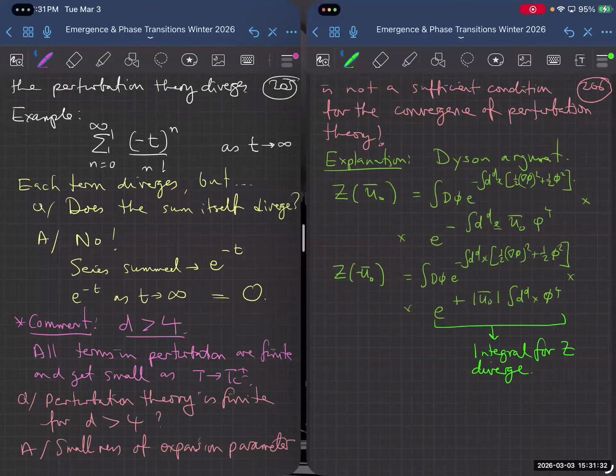And so what that tells you is that u naught bar equals 0 is a singular point of the partition function.